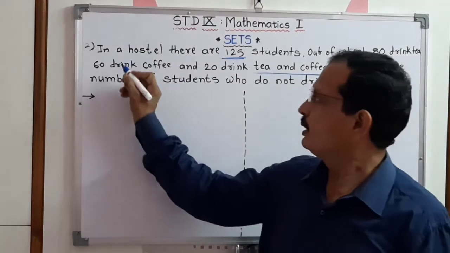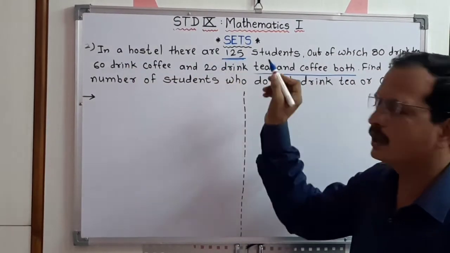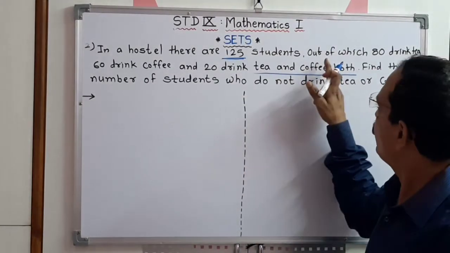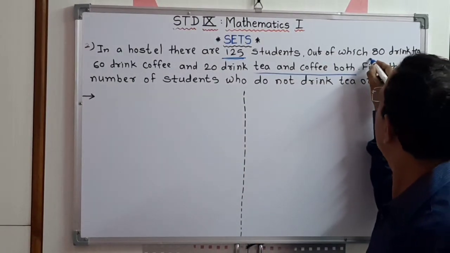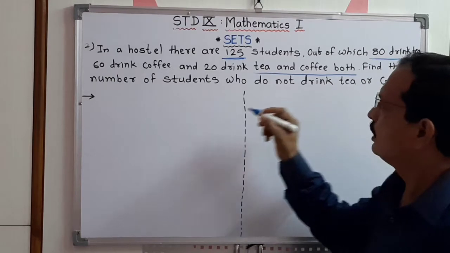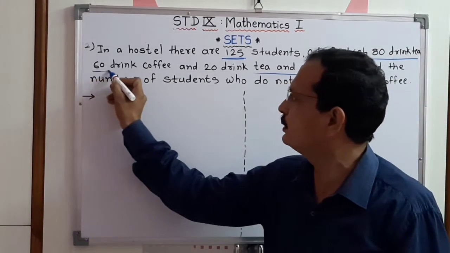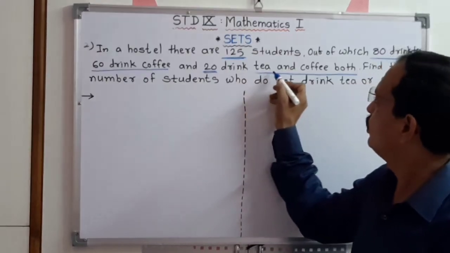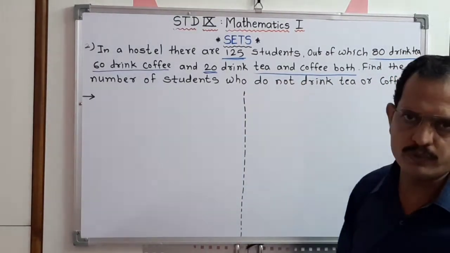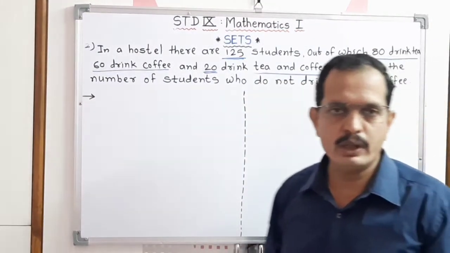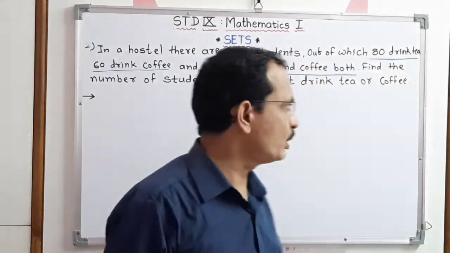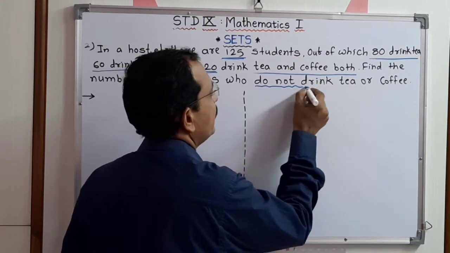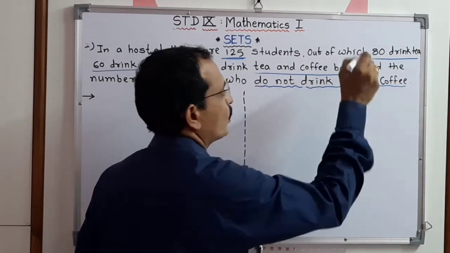See here, in the hostel there are 125 students. Out of that, 80 drink tea, 60 drink coffee, and these 20 drink both tea and coffee. Then we have to find the number of students who do not drink tea or coffee.